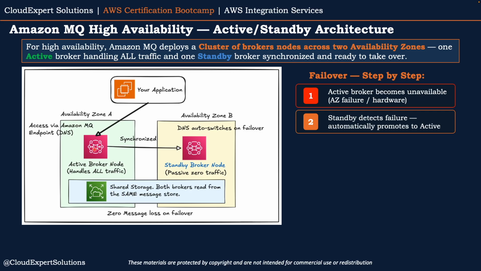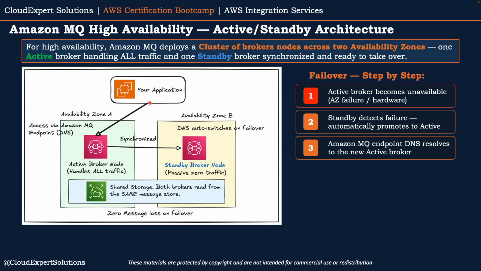No human intervention is required. That means when disaster strikes in availability zone 1A, it will go down, and the availability zone B standby broker will automatically become active and your application will connect to the node in availability zone B. The ActiveMQ endpoint DNS automatically updates to point to the new active broker in availability zone B.